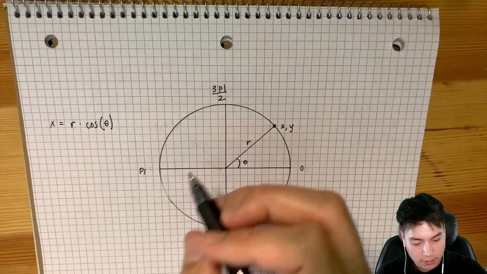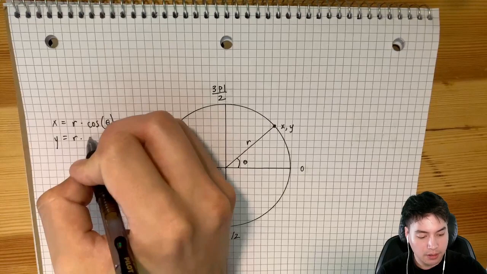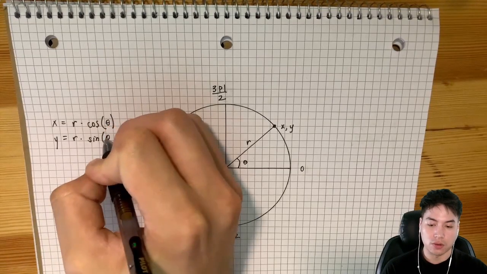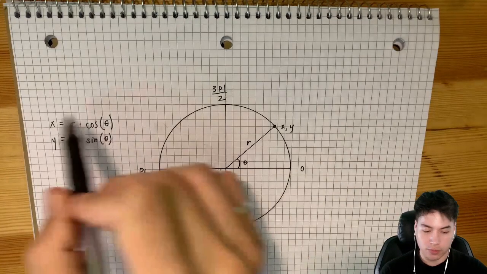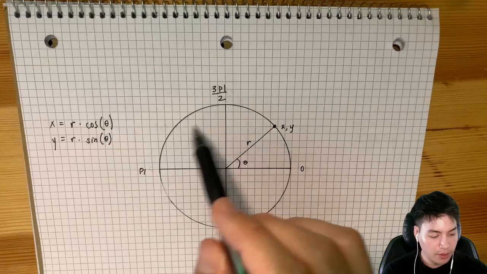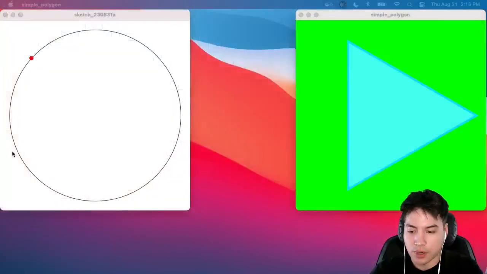And y equals r times sine of theta, or this angle over here, right? So this is the only math that we're going to need to calculate any point on a circle. Not too difficult. Let's take a look at how we're going to do that in Processing.